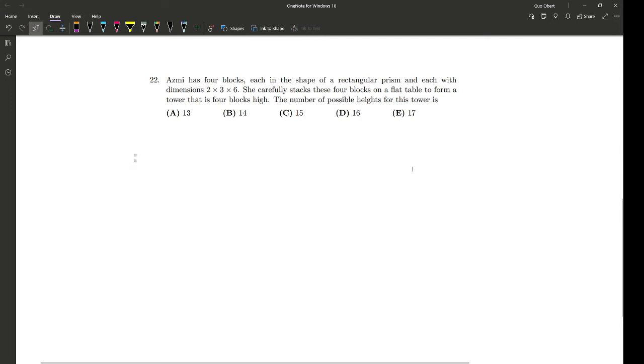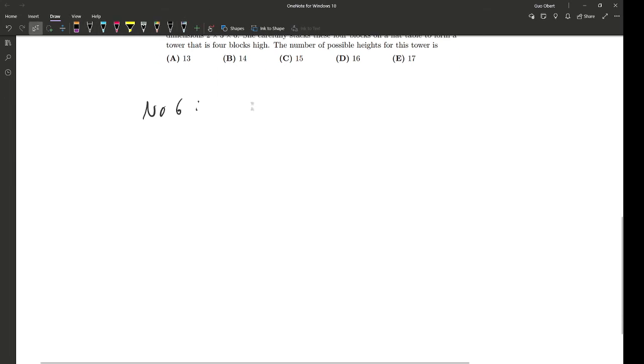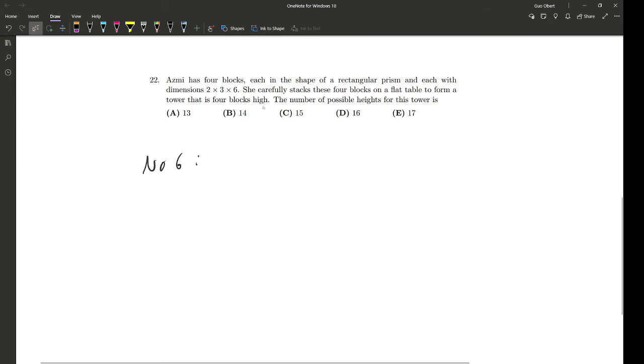So what we can do now is consider the case when we have a tower with none of the blocks having a height of 6. So if none of the blocks have a height of 6, then we can go through each case one by one. Okay.